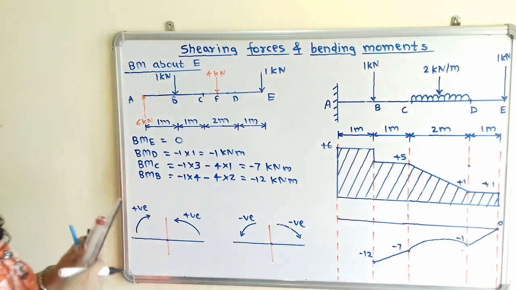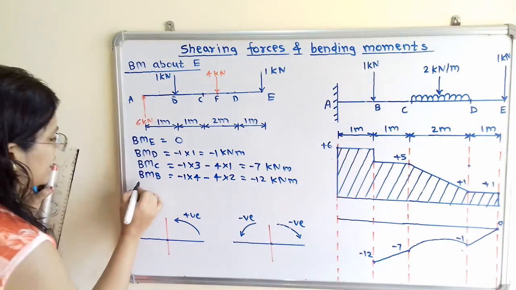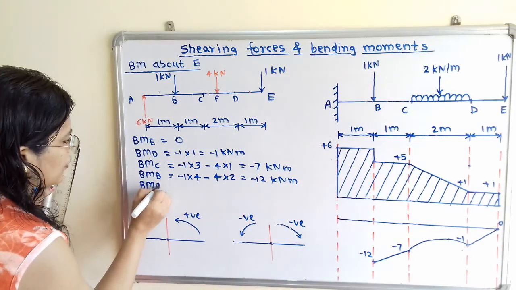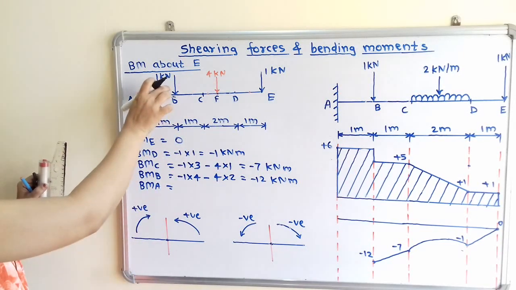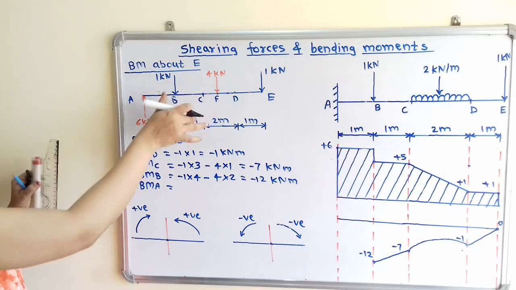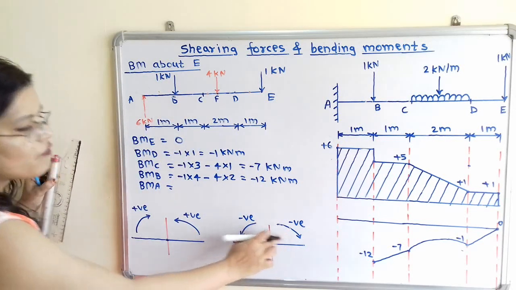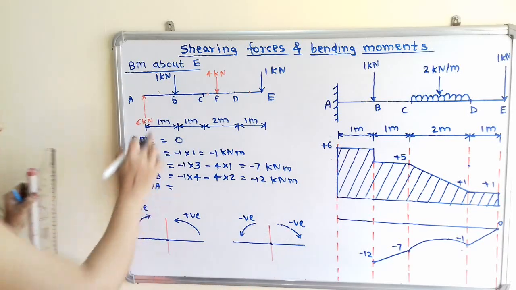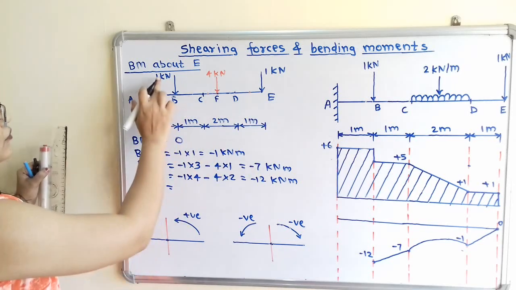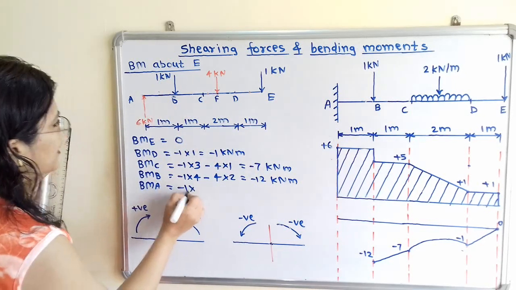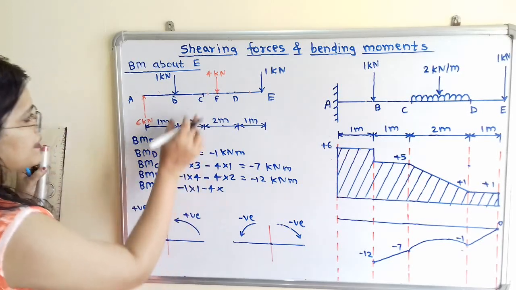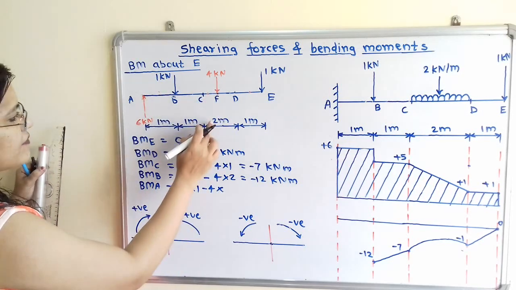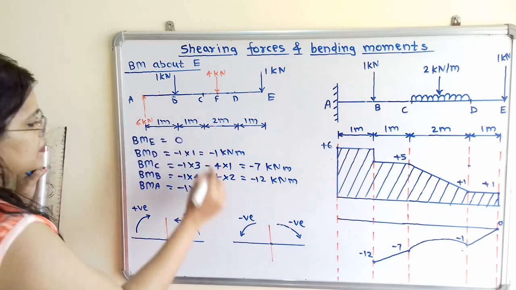Now we will move to the next, bending moment at point A. Again we will observe all the forces. If we move the compass about point A, then it is in the clockwise direction on the right hand side. So we will use the negative sign. So -1 multiplied by distance 1. Then -4 multiplied by the distance in between A and F, which is 1 plus 1 plus 1, that is 3.